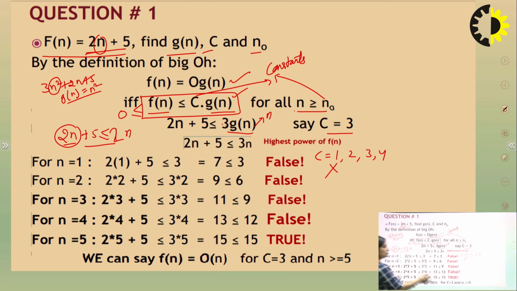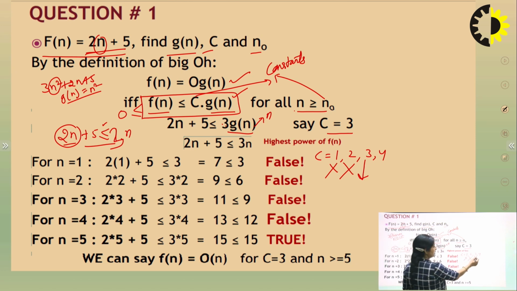So this is also not possible. But if I write 3, then maybe for some value of n it can be possible, because 3n is greater than 2n, right? So we have to check at 3, because this can be possible.